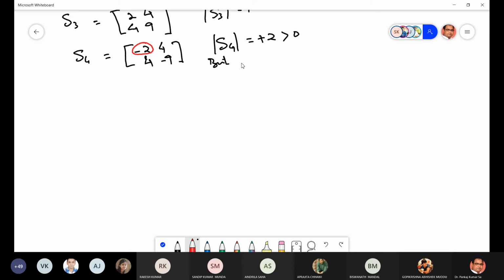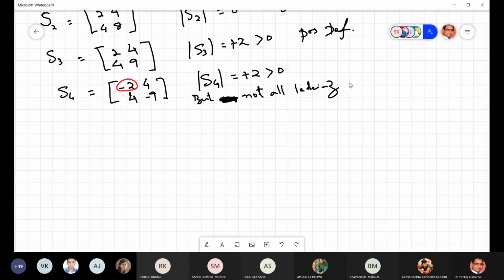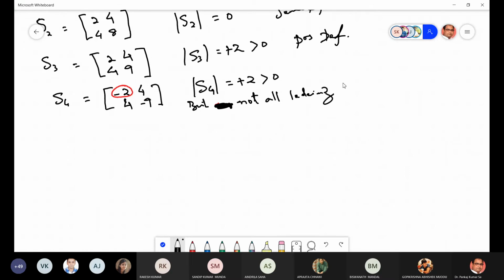So, not all leading determinants are greater than 0.